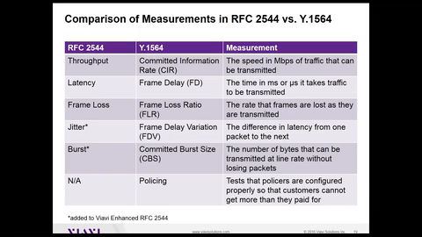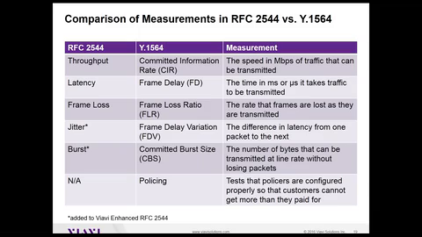So again, in the 2544, jitter and burst were not specified, but are part of the enhanced RFC 2544 provided by VIAVI. In 1564, jitter is frame delay variation, and again, that's the latency variation between packets. So it's not really the latency on the measuring round trip, but just looking at packet timing.